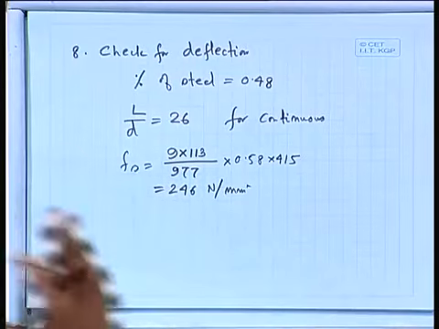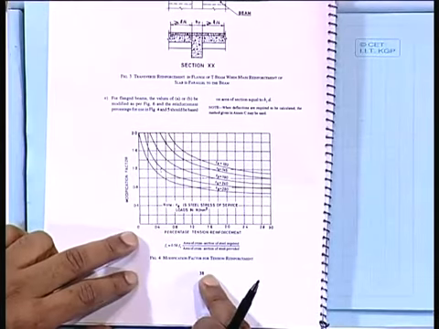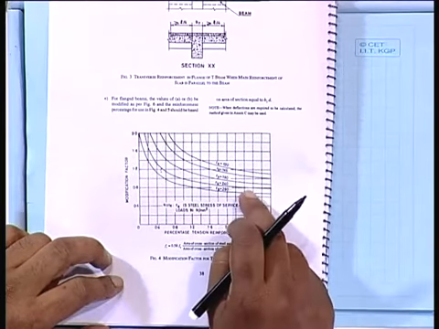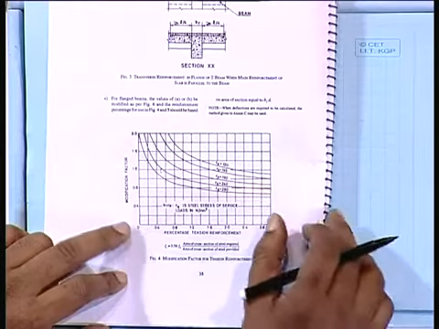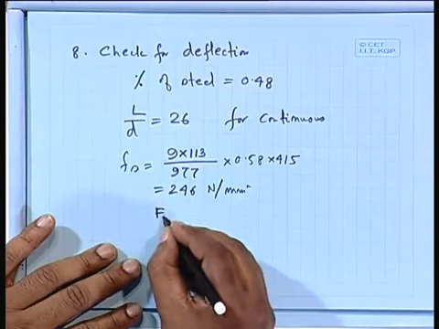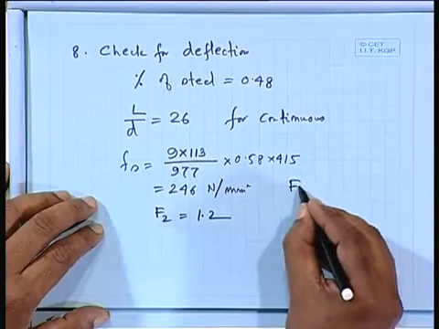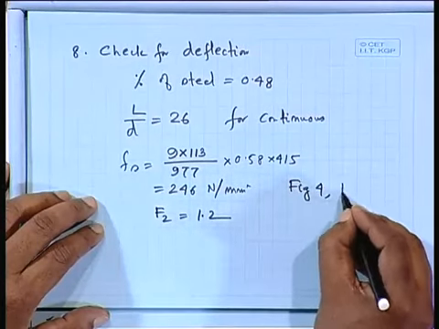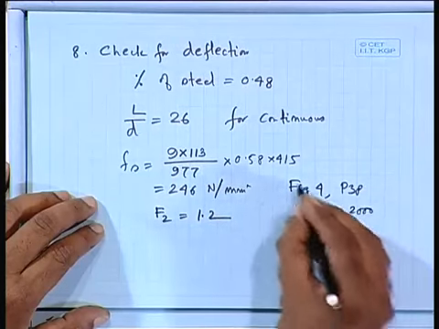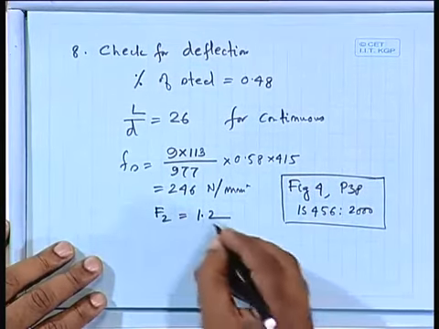So I shall get it from Figure 4, page number 38 of IS 456 2000. In Figure 4 there are many curves. I shall take the corresponding one and interpolate, and for 246 the factor comes as 1.2. So we get a multiplication factor of 1.2.